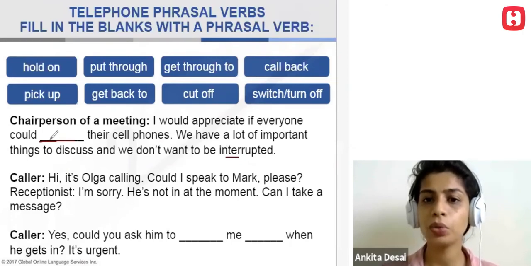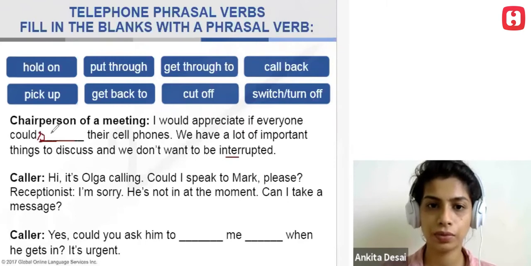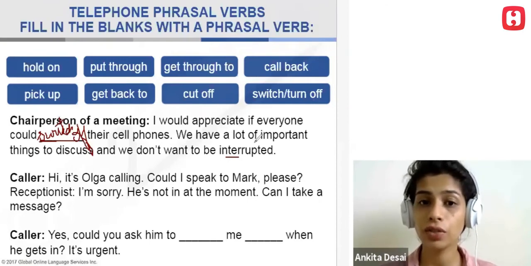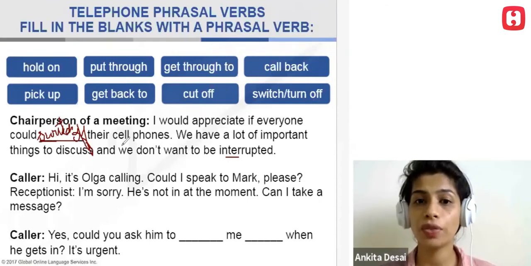He will ask people to switch off or turn off their cell phones. Okay, I would appreciate if everyone could switch off their cell phones.